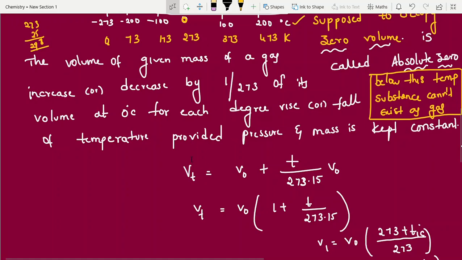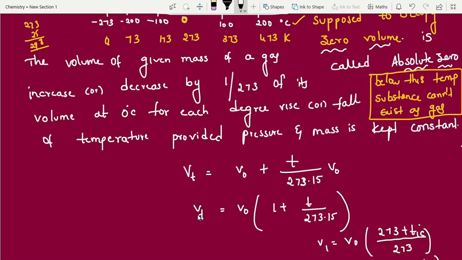See, I had given one expression: Vt equal to V naught plus T by 273.15 into V naught.